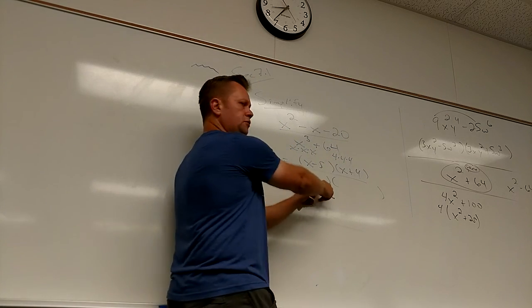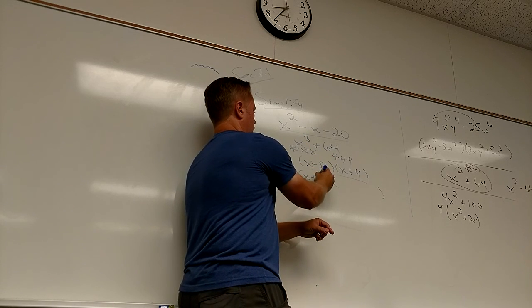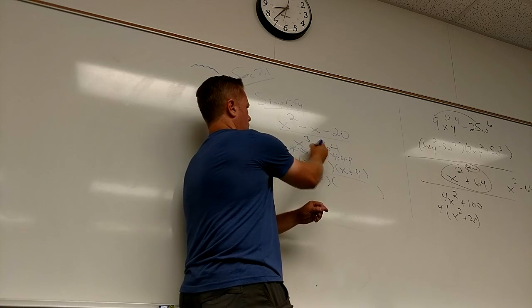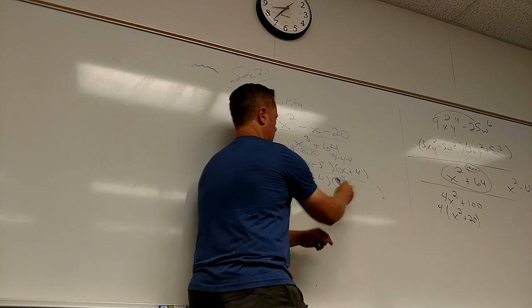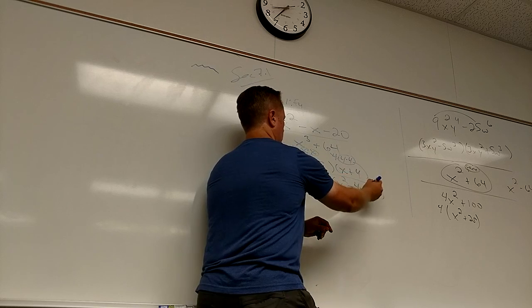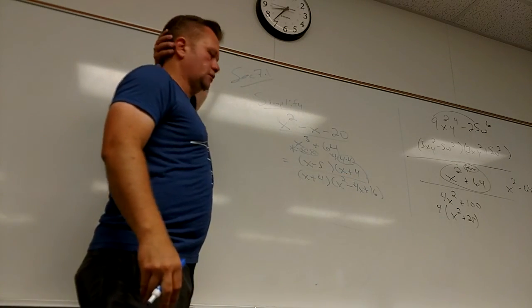So what goes in the little dude? x plus 4. What goes in the big dude? x squared minus 4x plus 16. And so what can happen? Can anything happen there?